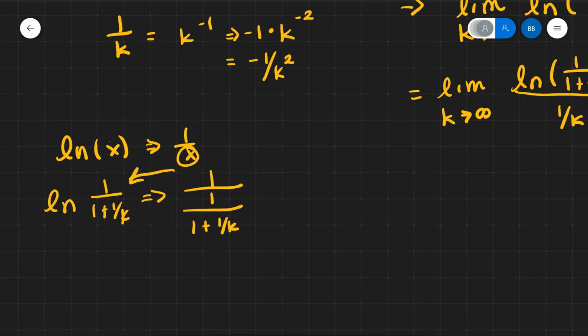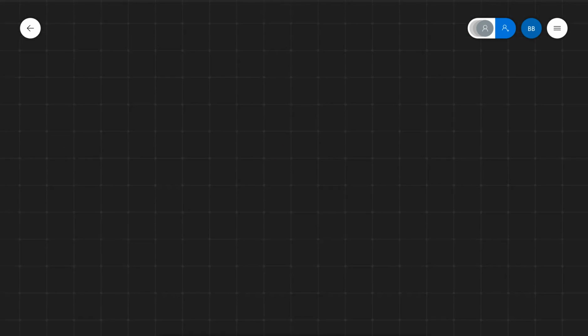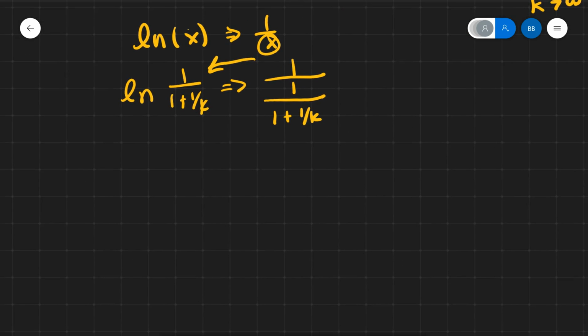We also have to take the derivative of the inside. So rewriting the derivative of the inside separately, I need to take the derivative of 1 over 1 plus 1 over k. Okay, and that is the same thing as 1 plus 1 over k to the negative 1. And so here's our second set of chain rule. Otherwise, we'd have to use the quotient rule on this.